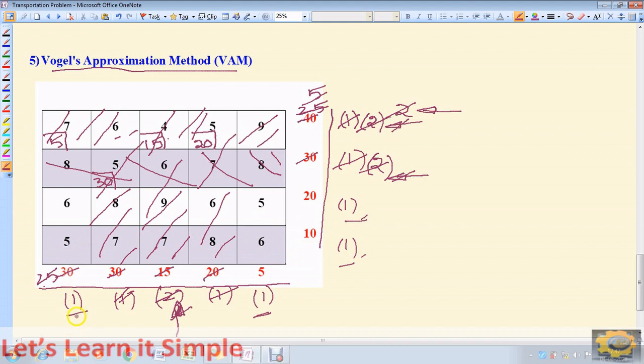Now if you look at the column wise, the same 1 is the difference penalty. If you move along, you have this as the least cost. Similarly here, this is the least cost. Again, if identical cell occurs, there is only one rule to break the tie. If the penalty is same, move along the row or column and you have to get the least cost.